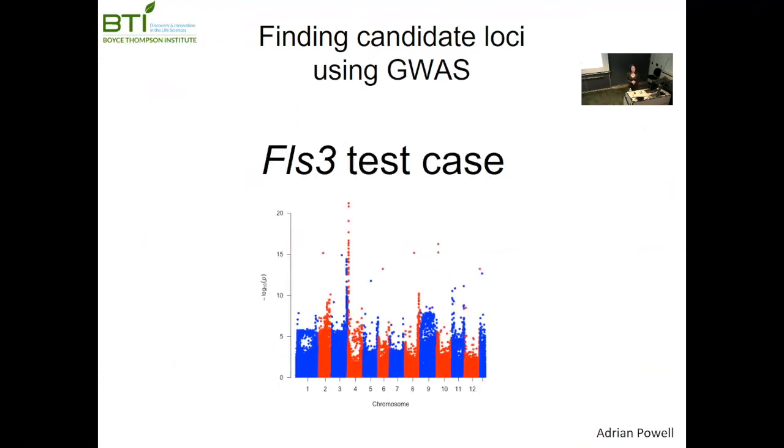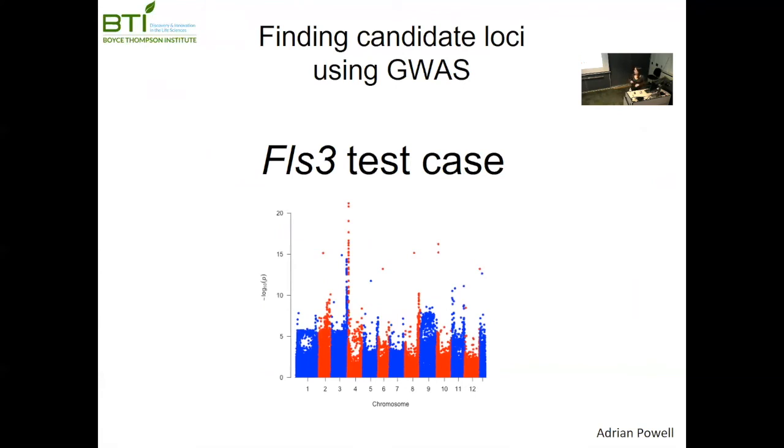So this is some work done by Adrian Powell. And the first thing that he tried to do was, we know FLS3 is involved in pathogen response. We have sequence from a number of individuals who are non-responders, a lot more who are responders. So taking all this sequence data and the phenotypes that we already have, he did some work to see if we could actually detect a known gene.